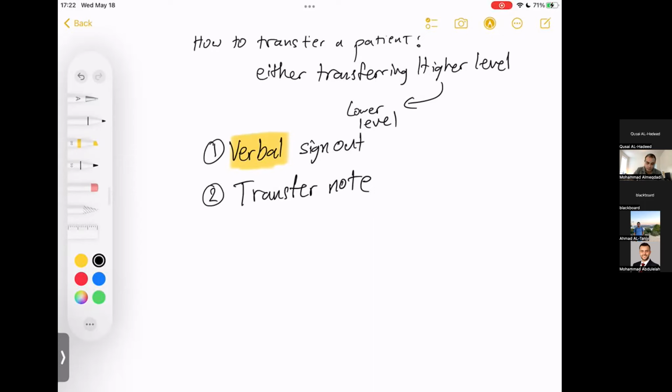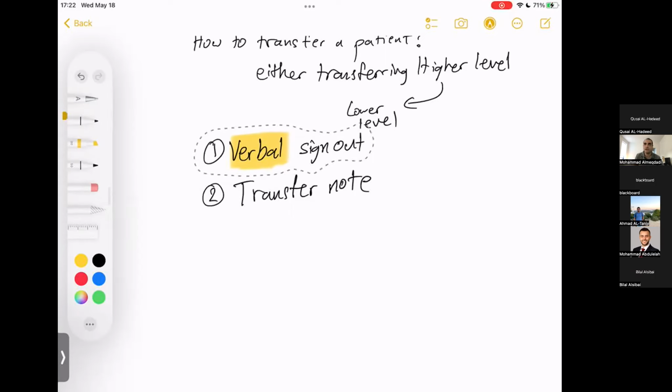In terms of the verbal sign out, I'm not going to go into details about how you give it. At the end of the day, it's your patient, you're taking care of them, so you're going to be the one giving the verbal sign out. But I will focus right now quickly on the transfer note that you need to write.